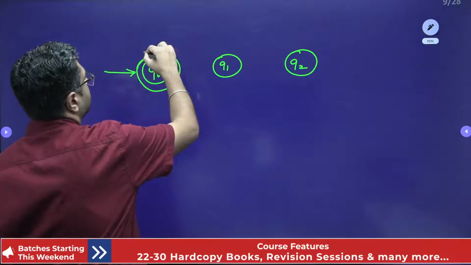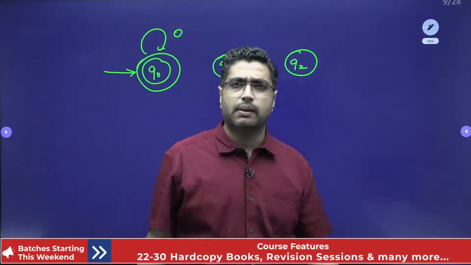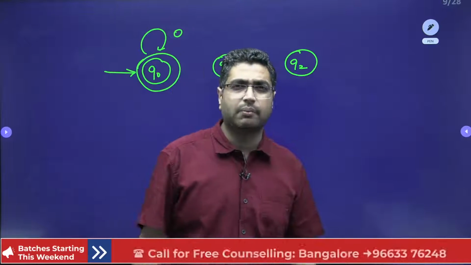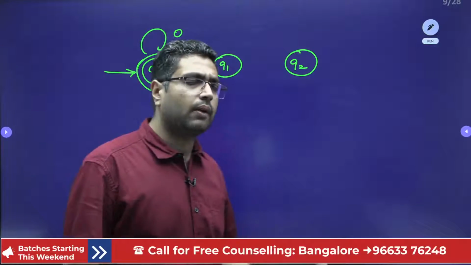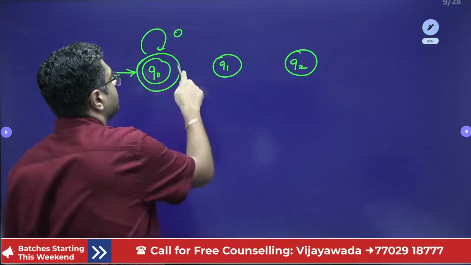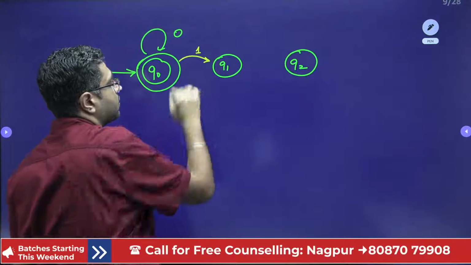Now if a 0 comes, you will stay here itself, because 0 is divisible by 3. Now if a 1 comes, what is your binary number? If you get a 1 after a 0, the number that you get is 1, so the remainder is 1. So we'll go to Q1 because your remainder is 1.